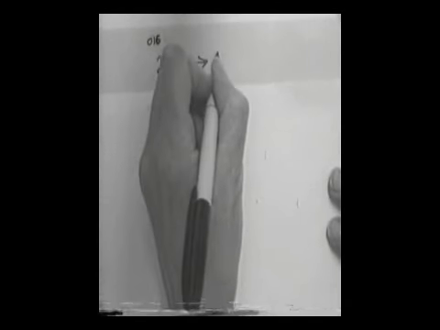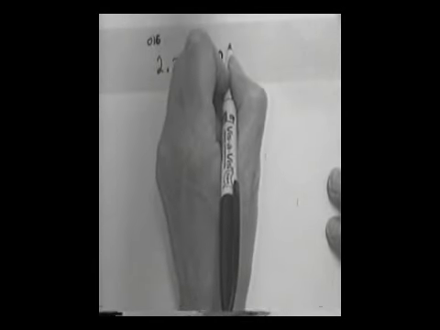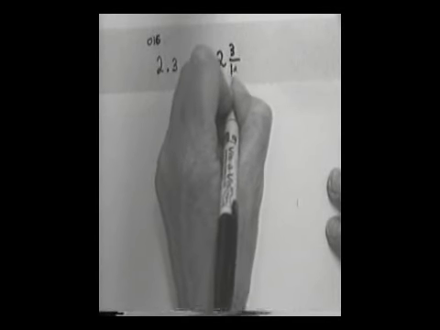So my whole number is 2. And since I just have one place after the decimal, the first place after the decimal is always the tenths place. So I have 3 tenths. So this is 2 and 3 tenths. We can change 2.3 into 2 and 3 tenths.